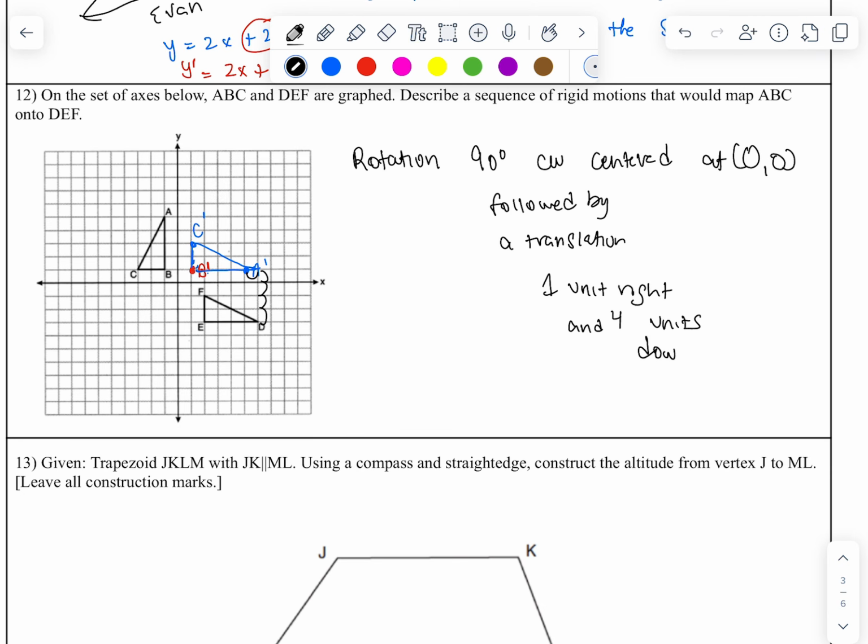This is not the only possibility. Whatever possibility that you did, just make sure that you try it out on the grid to see that it actually does work, and make sure that you fully described your transformation. If you did reflection, what line did you reflect over? So that should be part of your explanation.